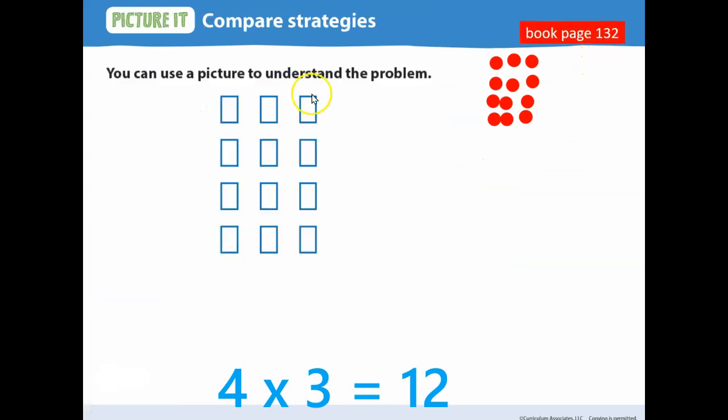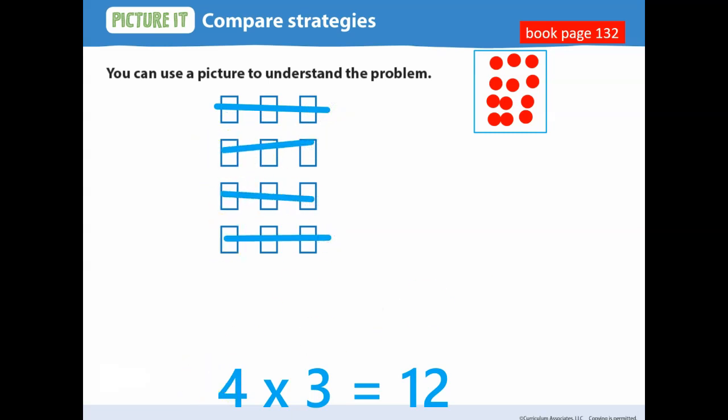So if you look on page 132, it says you can use a picture to understand the problem. Oh, look. This is exactly what we did, didn't we? Right? This is exactly what we did. So look, here he has 4 rows, 1, 2, 3, 4, right?